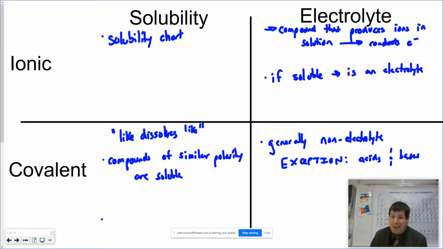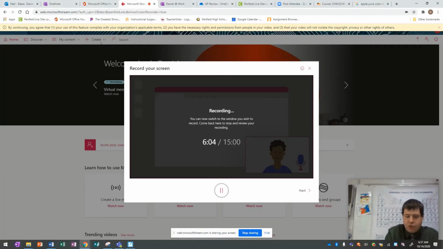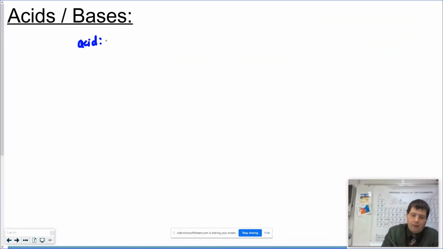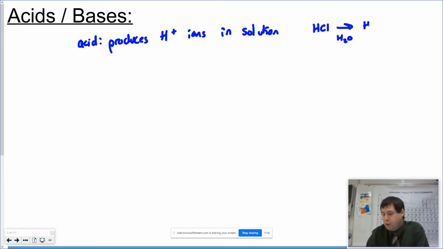So let's talk then about how you know whether something's an acid or a base, and how you would figure that out. An acid, kind of by definition, produces H plus ions in solution. Let's take a really common acid, HCl, hydrochloric acid. If you take HCl and put it in water, that HCl will split up into H plus and Cl minus.